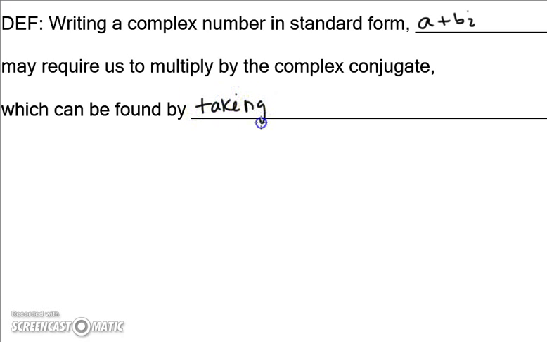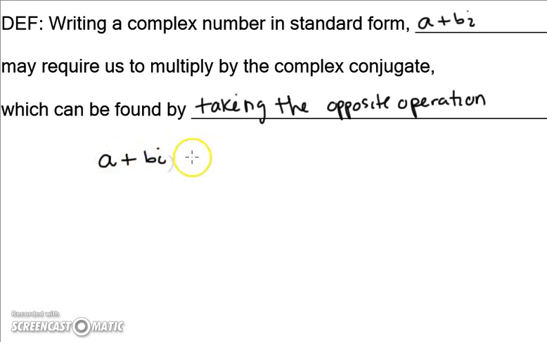So if we had something like, we'll just keep it general, a plus bi, the complex conjugate would be a minus bi. And this actually works both ways. If we had a minus bi, it turns into a plus bi for the complex conjugate.